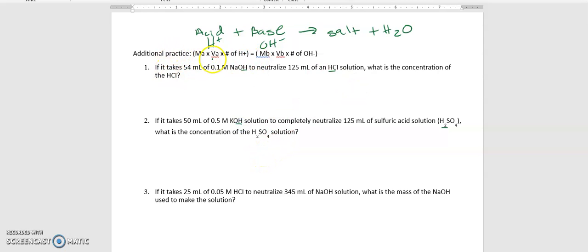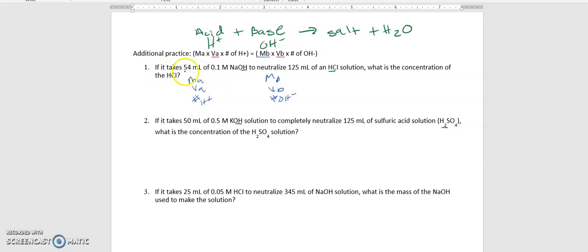So let's look at problem 1. This is the formula we're going to use: M acid, V acid, molarity of the acid, volume of the acid, and then your number of H plus ions, molarity of your base, volume of the base, and then the number of hydroxide ions present.